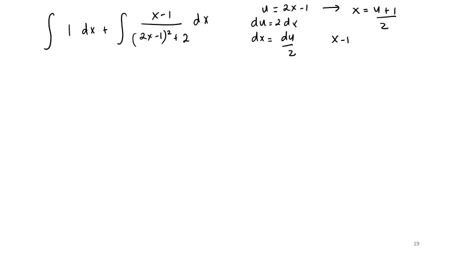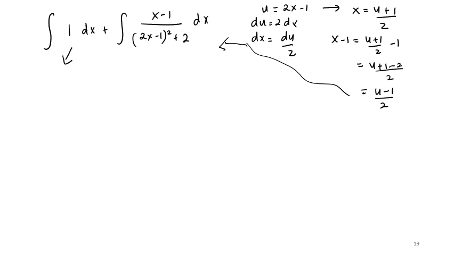So x minus 1 is u plus 1 over 2 minus 1, which is u plus 1 over 2. Okay, so you substitute both of these parts into this second part.